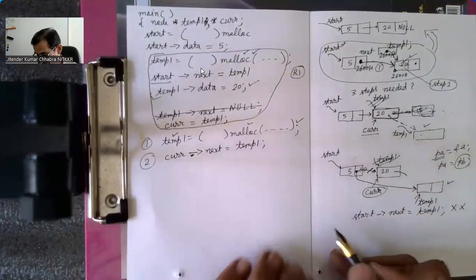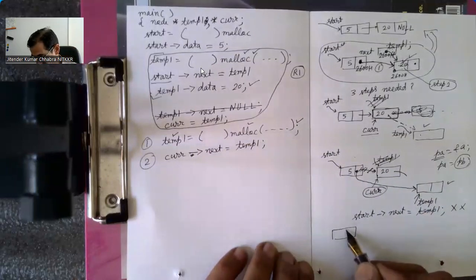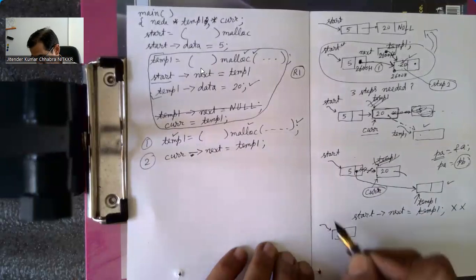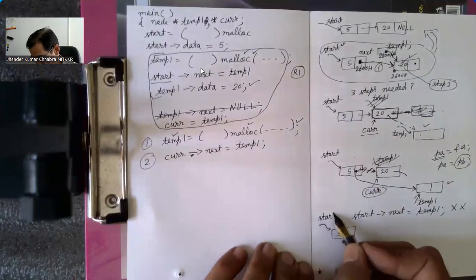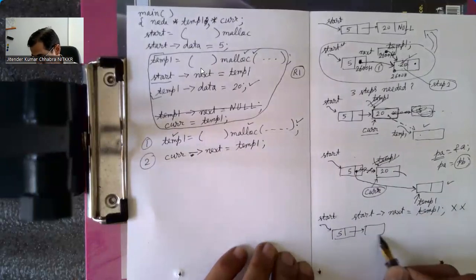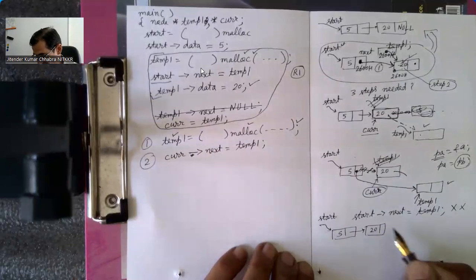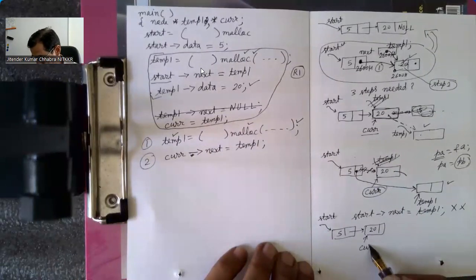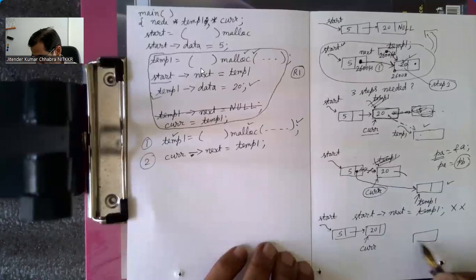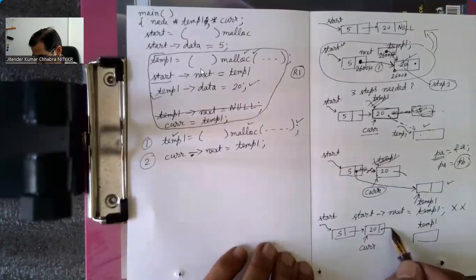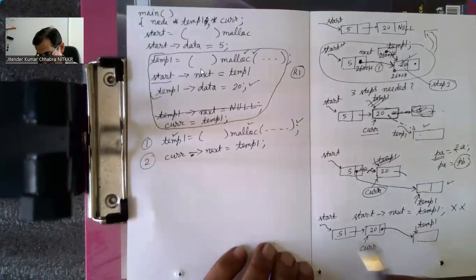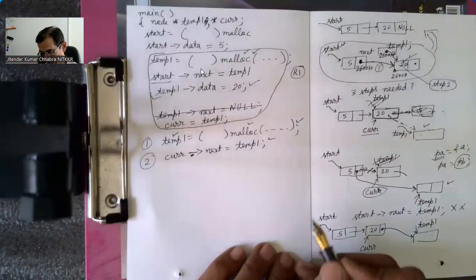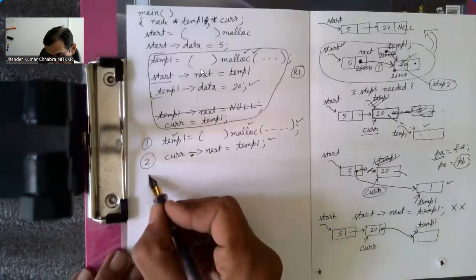Once I did this, what happened? Start is here. Start will remain here, obviously. Start is linked to 20. The current pointer is this one. Temp1 is this one. And now I said current arrow next equal to temp1. That is step 3.